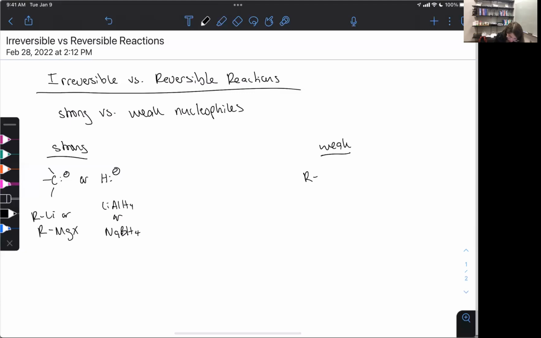So we could have alcohols, we could have primary amines, or secondary amines. Okay, so think about these. These are going to be neutral oxygen and nitrogen nucleophiles.